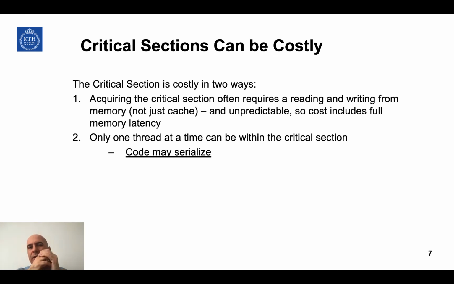So critical sections are basically memory operations. This cost is unpredictable, but for sure includes the full memory latencies. The second important performance issue is that only one thread at a time can be within the critical section, so the code might serialize.